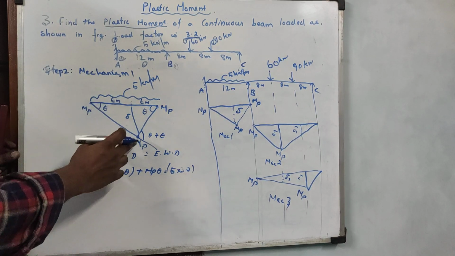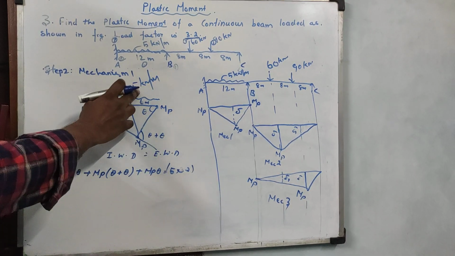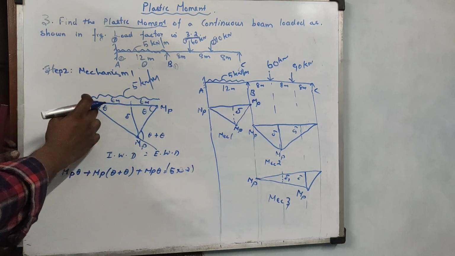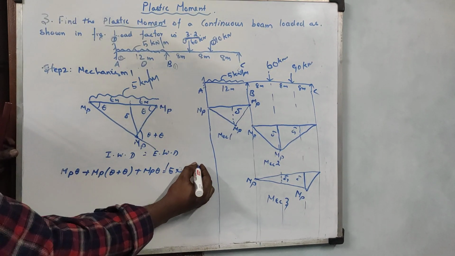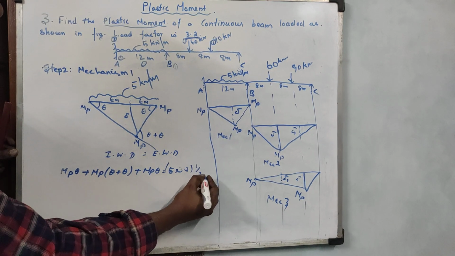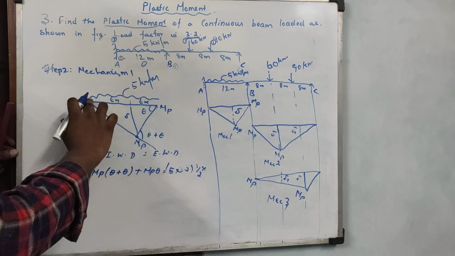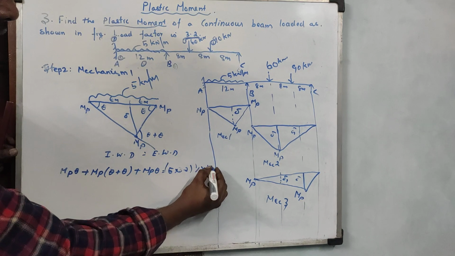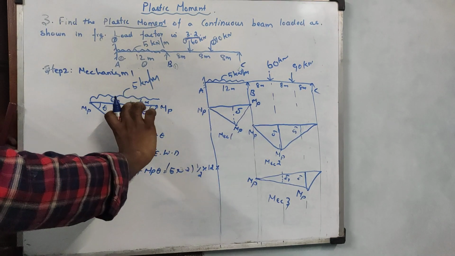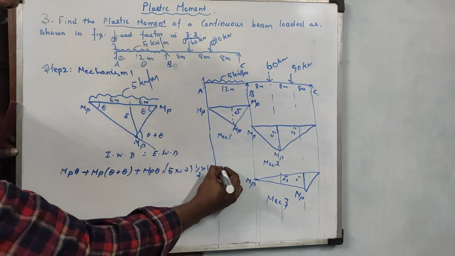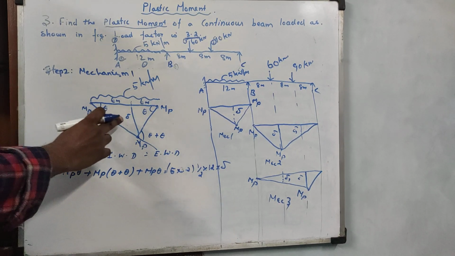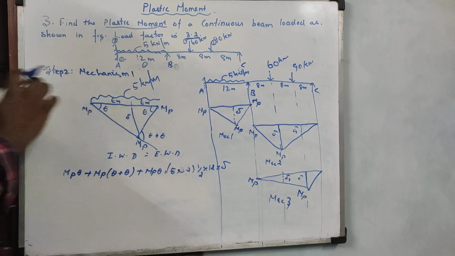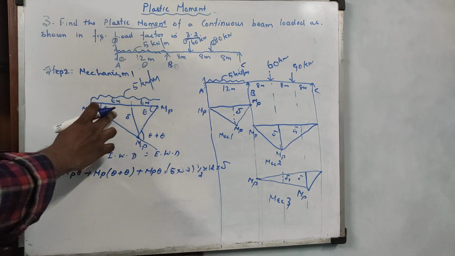Therefore external work done equals load into area of this triangle. For the triangle, area equals half into breadth, here the total breadth is 12 meter, into depth. Here the unknown is depth.